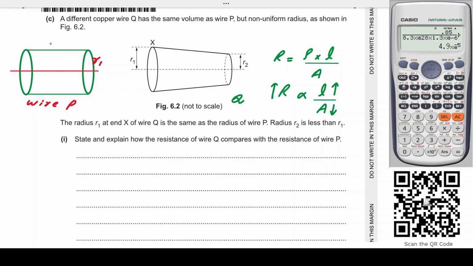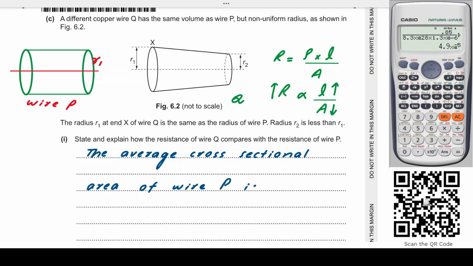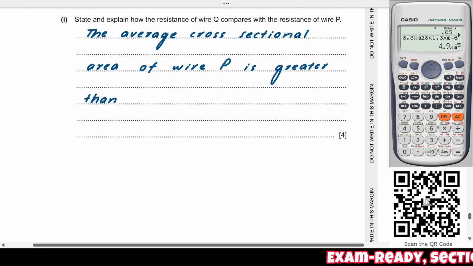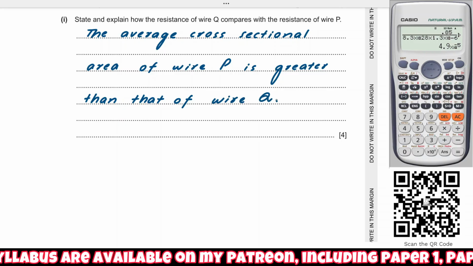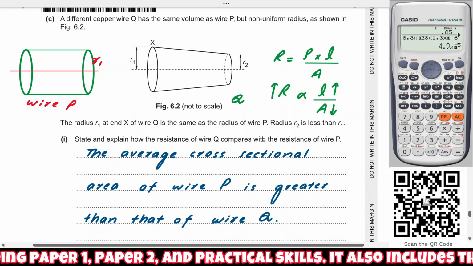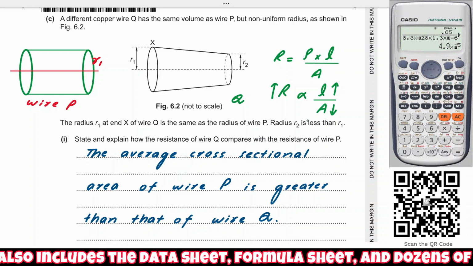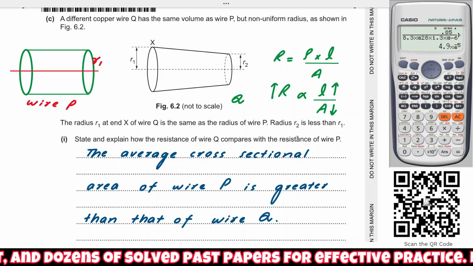So we can say on average, the cross-sectional area of the wire P is greater than that of the wire Q. If wire P has greater cross-sectional area, it must be having less resistance.